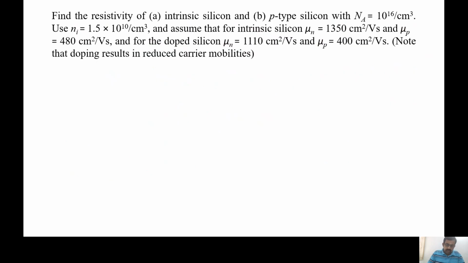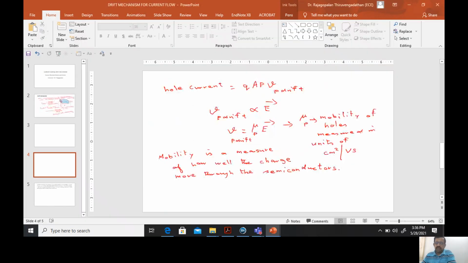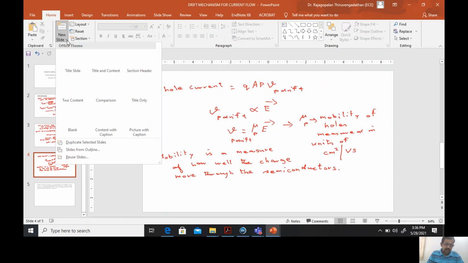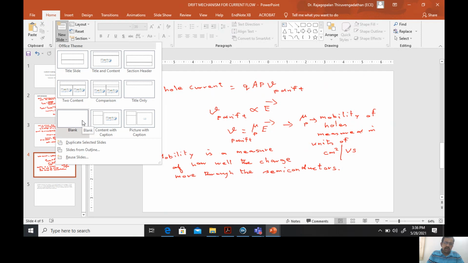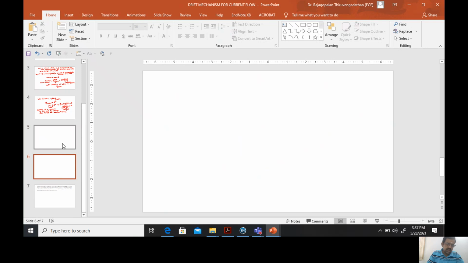So we will substitute this Vp drift in the expression of the hole current. So what do we have here?